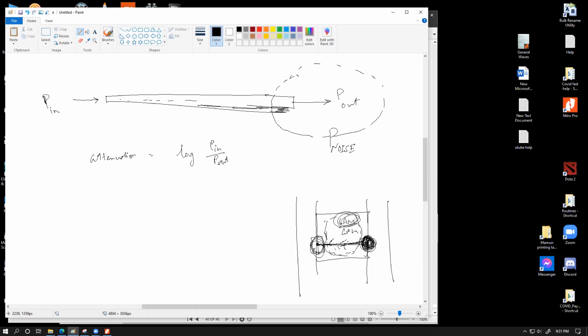Now, this is basically telling us how much the power has become weak. This attenuation basically means that the signal is becoming lowered. If you only get this much, it will be given in bel. If you want to get this whole information in decibel, you simply place a 10 over here: 10 log P in by P out, in decibel.